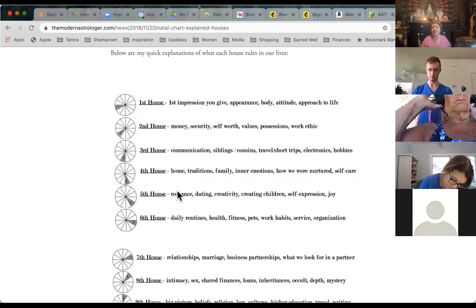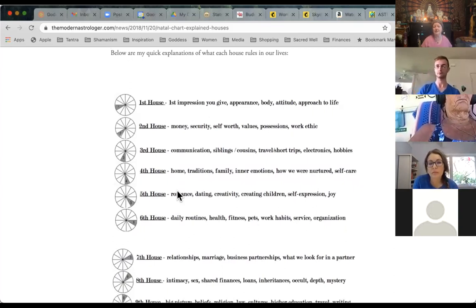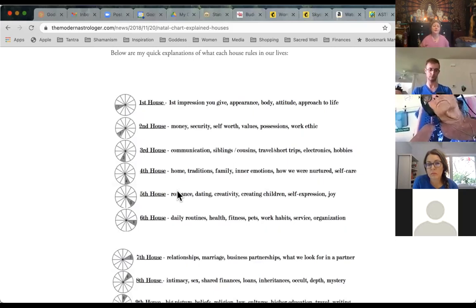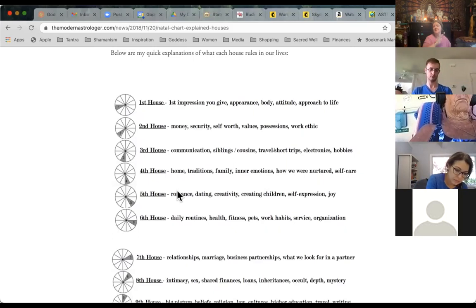It says here creation of children, although I tend to associate creation of children more with the 8th house, fertility and sex, but it can show you somebody that would nurture a project with you just as much as somebody who would nurture a child with you. I see the children as more specific to other spots, but in this brief explanation, that 5th house is the one or the ones who help you discover what love really is.